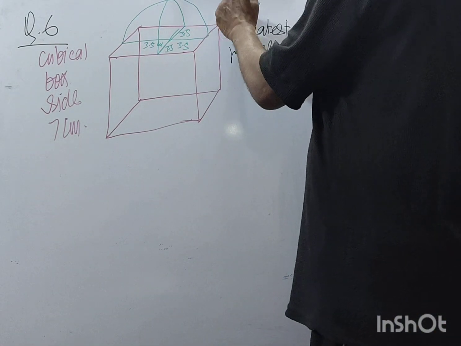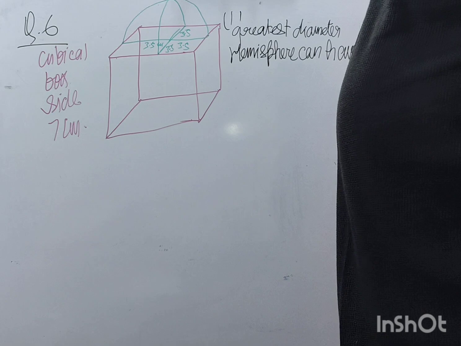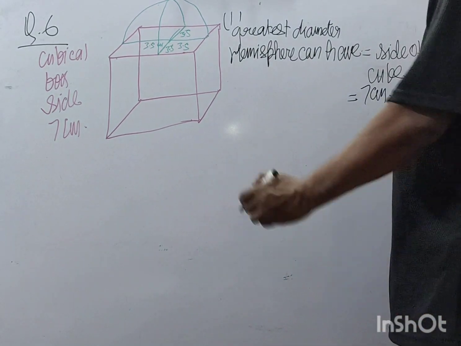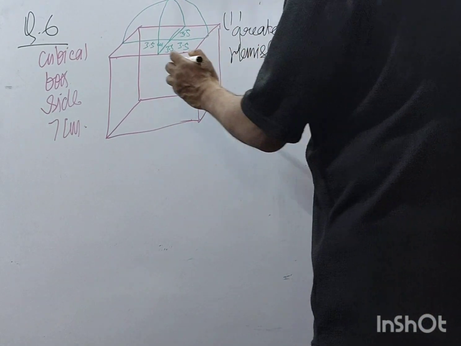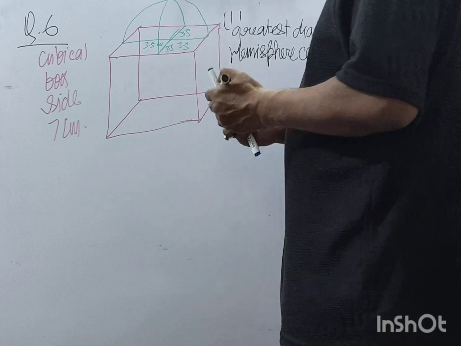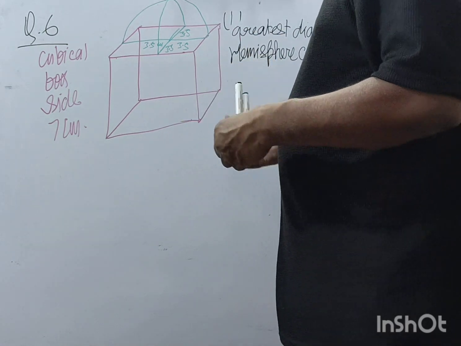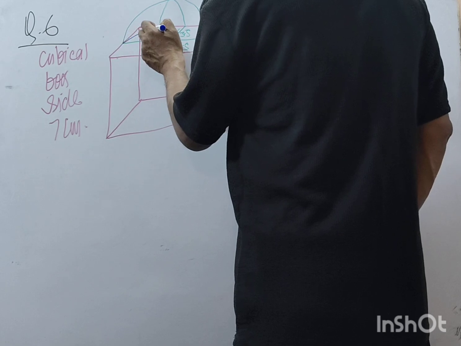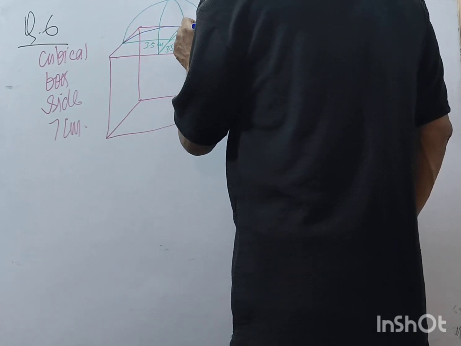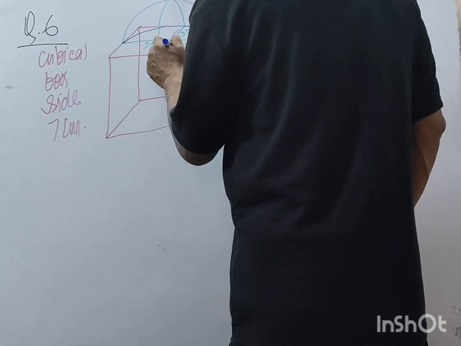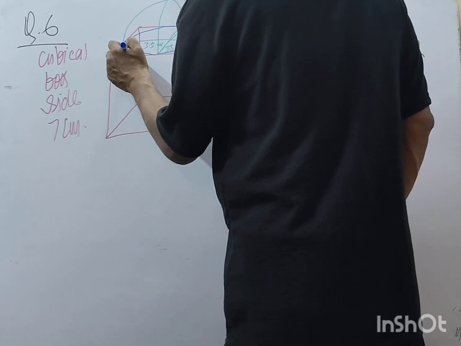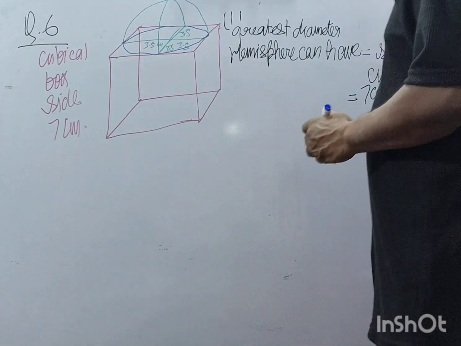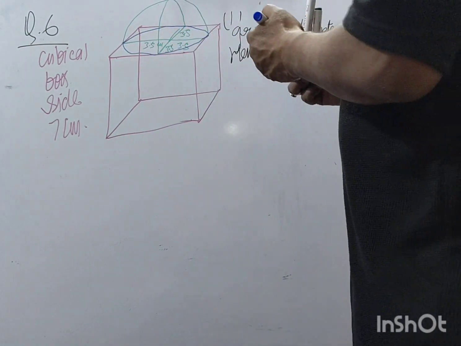Now what is second? Find the surface area of the solid. So it is like this, surmounted.